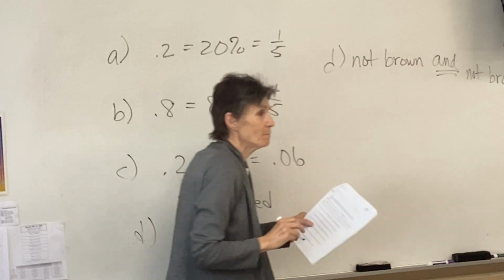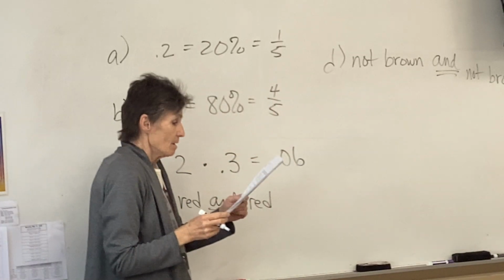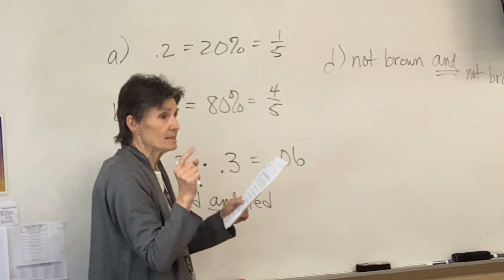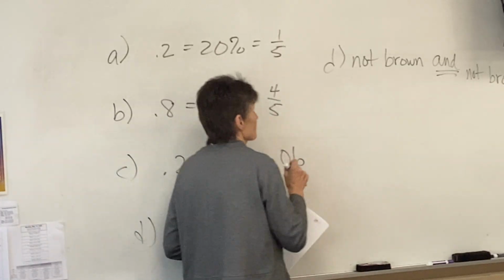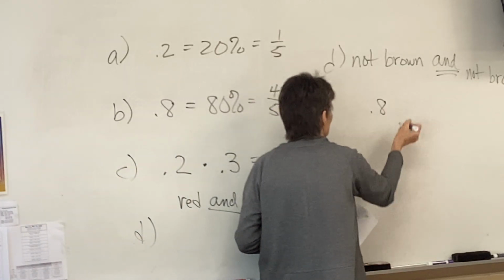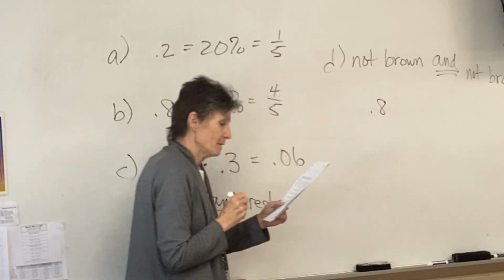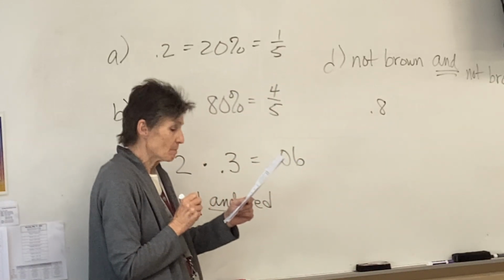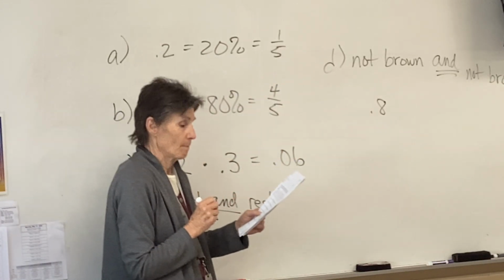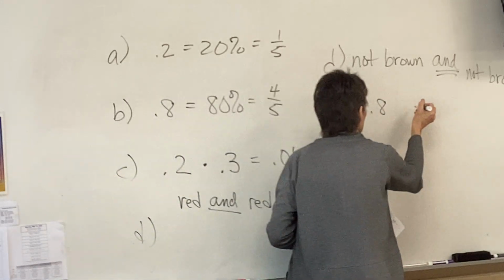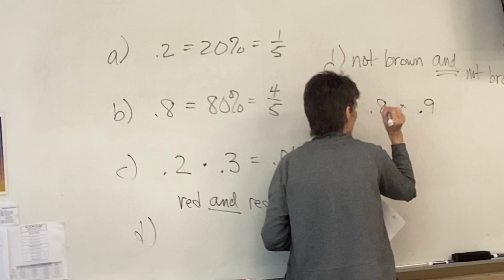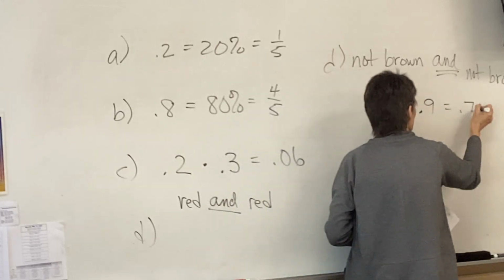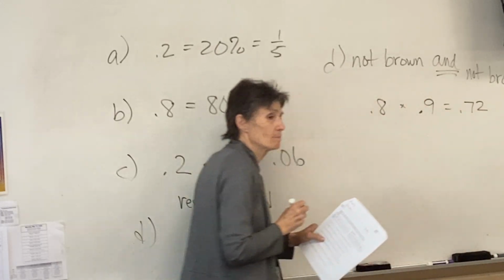So what's the probability that Maggie is not brown? 0.8. What is the probability that Elizabeth is not brown? 0.9. And what do we do with those two? Multiply them. So your answer is 0.72.